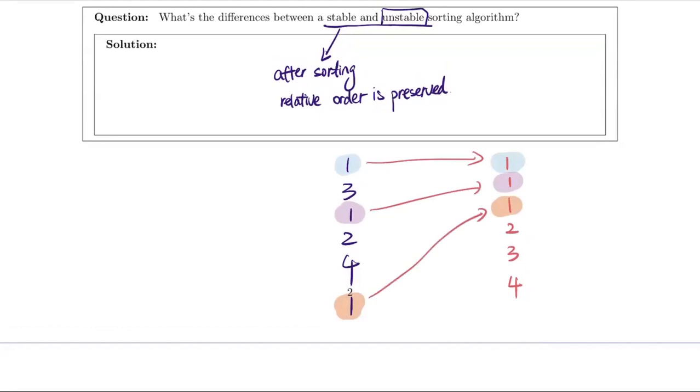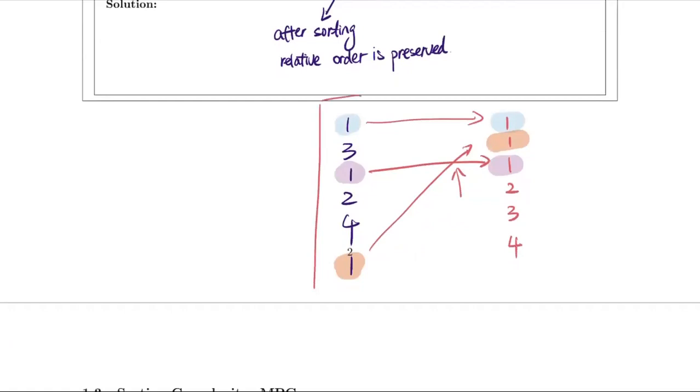So what would be an example where the relative order is not preserved? If we ended up with the orange one second and the purple one last, there is a crossover of the orange line, right? I put an element here and an element here. There's a cross here, so this is unstable. How did you pick blue, purple, and orange? It's arbitrary, for the beginnings of the orders.